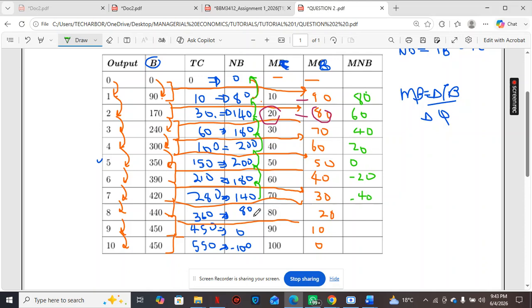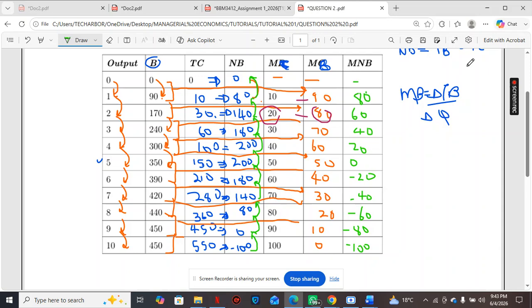Okay, then 80 minus 140, negative 60. Then 0 minus 80, that is negative 80. Then negative 100 minus 0, get negative 100. Okay, so these are the marginal net benefit.